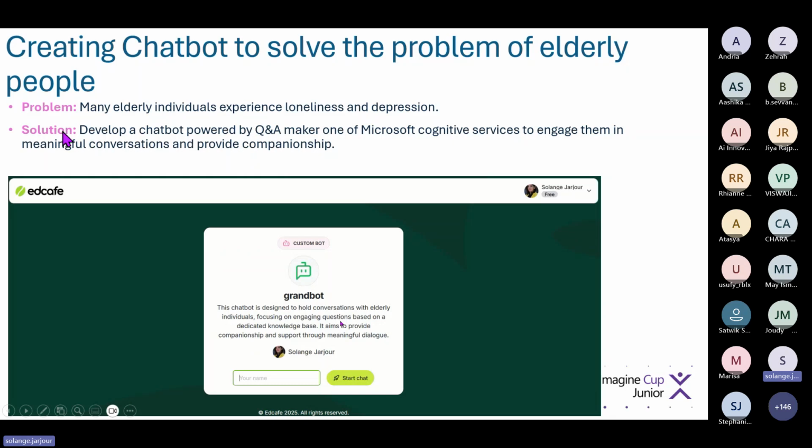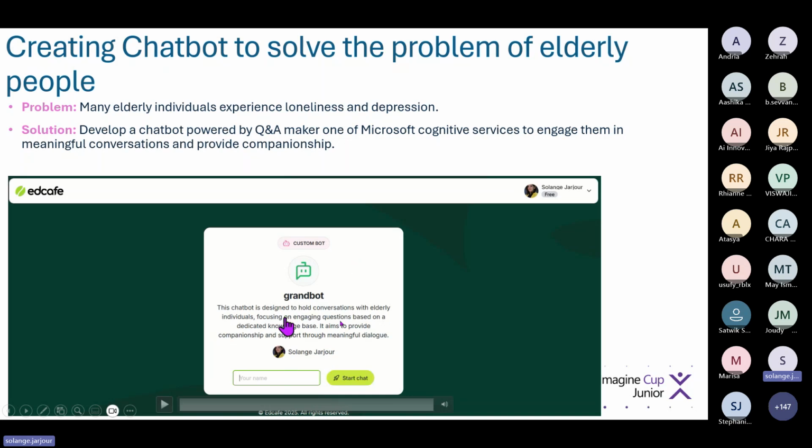The solution was to develop a chatbot powered with a Q&A maker, okay, and supported by Microsoft Cognitive Services to engage them in a meaningful conversation and provide companionship. Okay, so this is my solution. So my solution is to create a chatbot with a Q&A maker, which I created, and it will help these elderly people not to feel depressed and lonely.